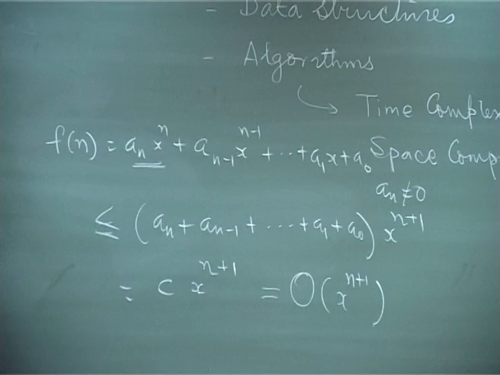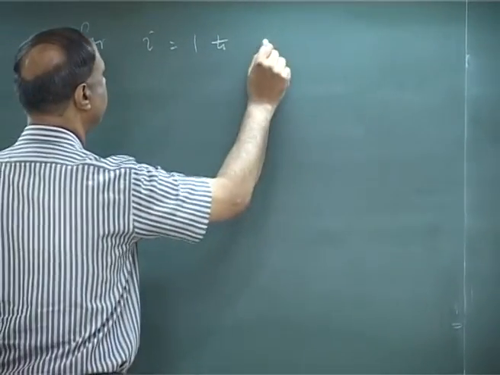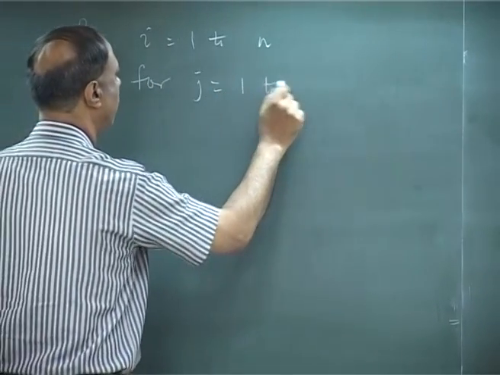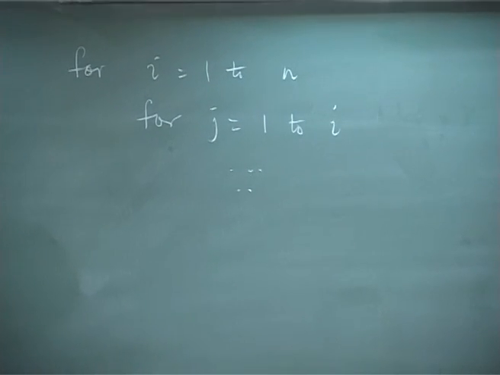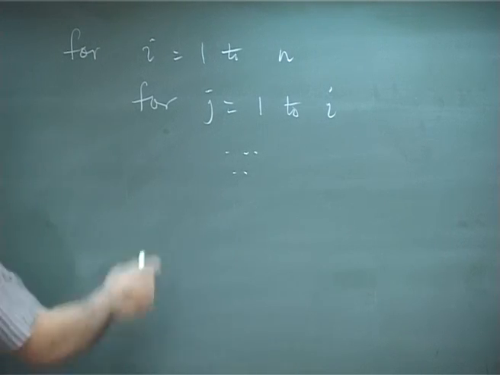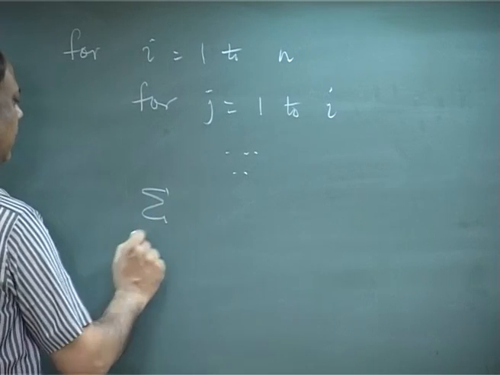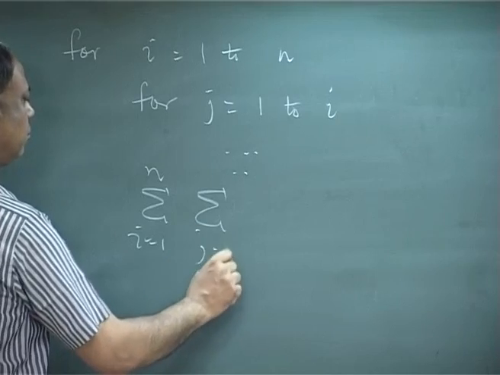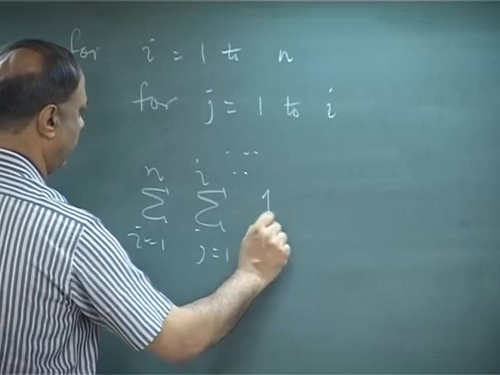I have for i equals to 1 to n, for j equals to 1 to i, and you have sums. Now suppose I want to compute the worst case complexity of this algorithm. So you will be writing the summation over i equals to 1 to n, summation over j equals to 1 to i, and you will be writing, say, 1.